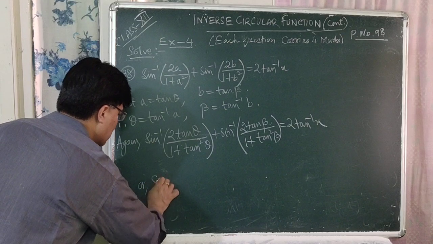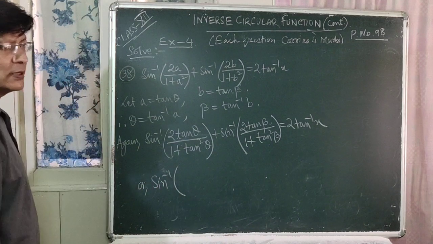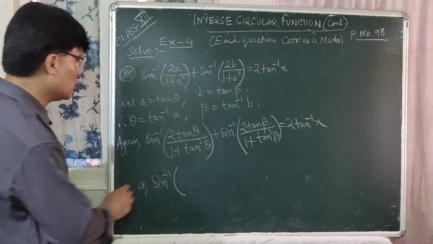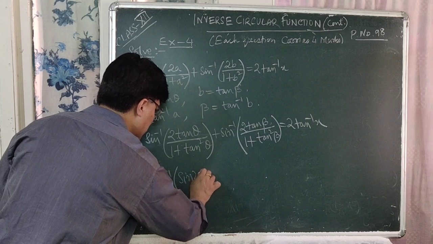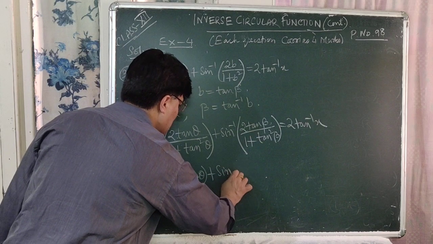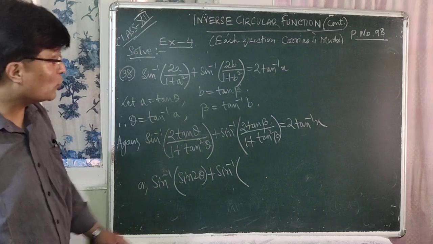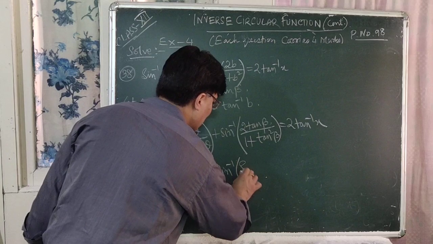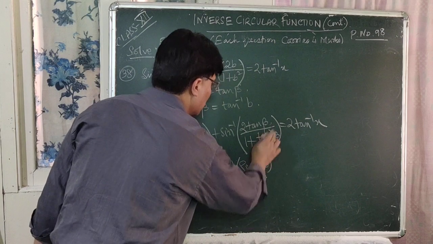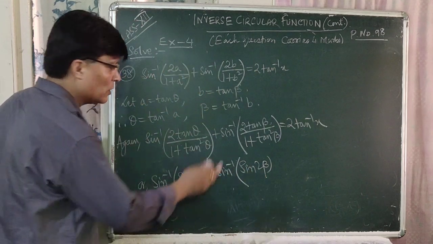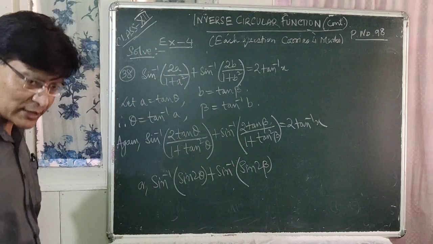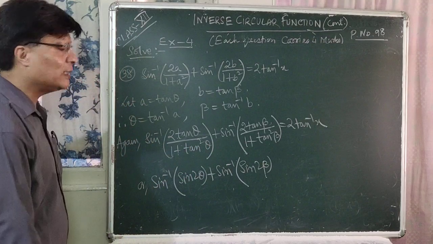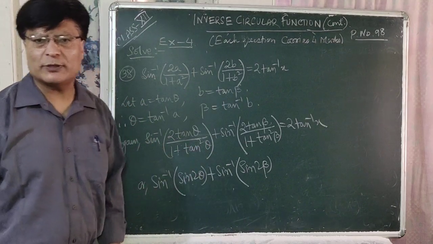Now, sin inverse within bracket, what is the formula for 2 tan theta upon 1 plus tan square theta? It is sin 2 theta, isn't it? Plus sin inverse within bracket, what should you write for 2 tan beta upon 1 plus tan square beta? You should write sin 2 beta. So sin 2 beta is equal to 2 tan beta upon 1 plus tan square beta, and sin 2 theta is equal to 2 tan theta upon 1 plus tan square theta.